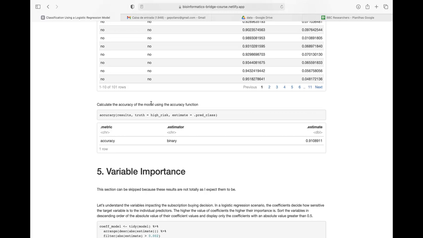With this number, 91% is a high number. In general, good machine learning methods are considered good if they are above 70%, is what I read in one of the papers. But for the medical field, we expect a much higher accuracy than that.